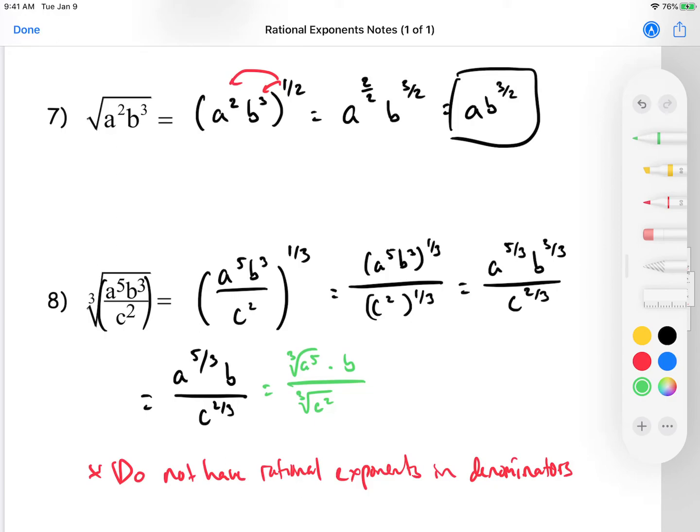But the reason why thinking about these as exponents instead of radicals helps is when I think about what I'm going to multiply this by to rationalize the denominator. I've got 2/3 c's. I want to get 1 whole c. So what would I have to multiply the denominator by to get that?